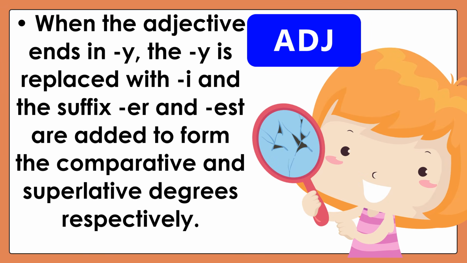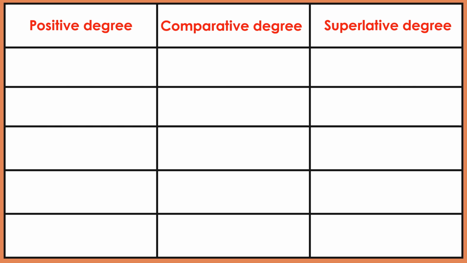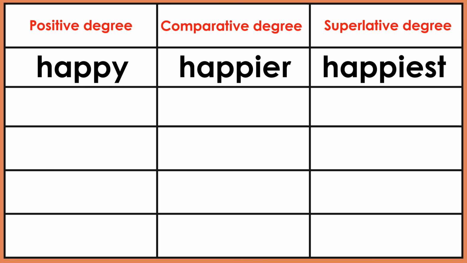When the adjective ends in Y, the Y is replaced with I, and the suffix ER and EST are added to form the comparative and superlative degrees respectively. Here are the examples. Happy, happier, happiest.